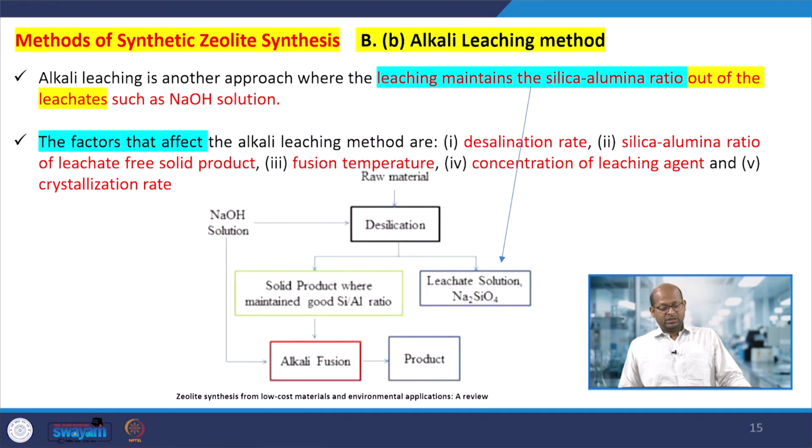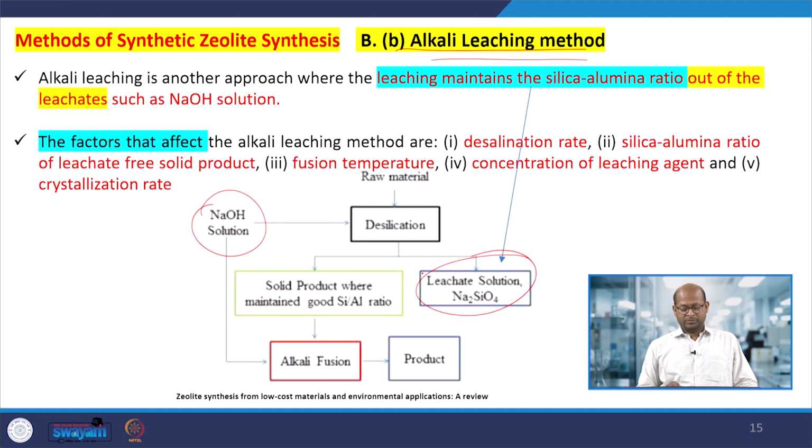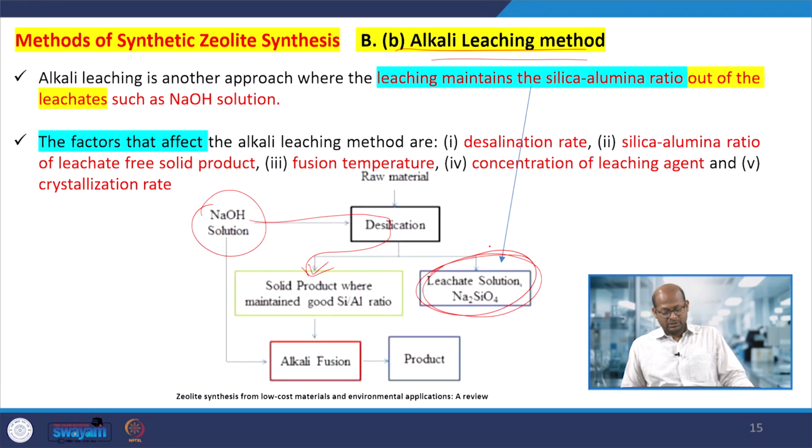Okay, alkali leaching is also a method, that is, leaching is used whenever we are using silica and alumina, two precursors, to prepare the zeolites. Here at some stage alkali, a sodium hydroxide solution, will be used, but some portion of it we have to separate out. At particular points we can leach out sodium hydroxide or sodium silicate.